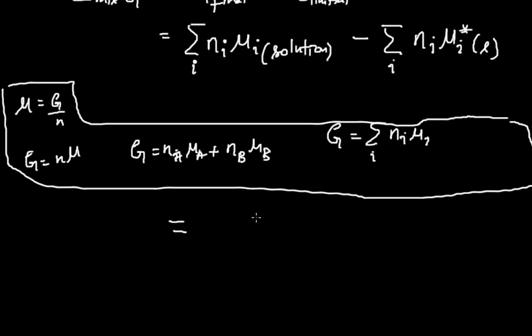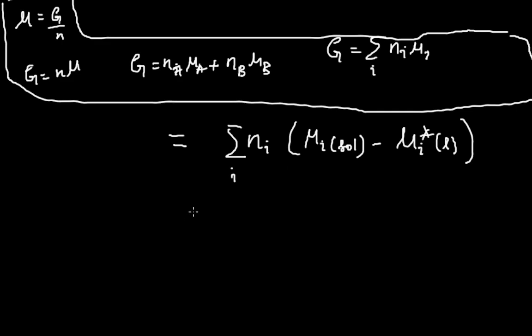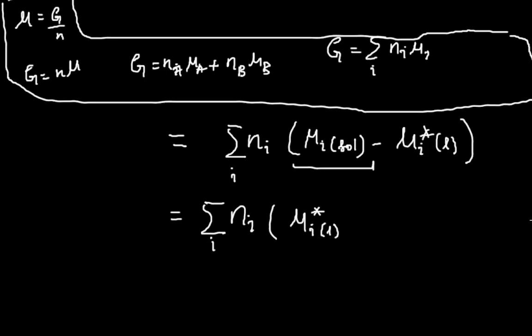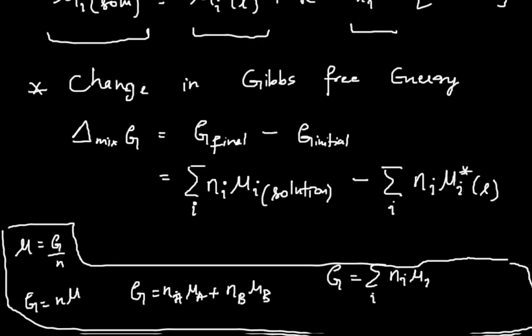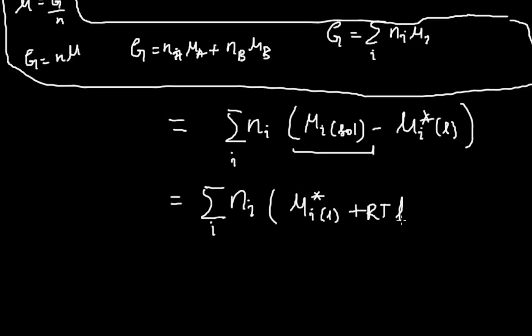So if I take the sum of Ni times mu i solution minus mu i star liquid, and make use of the previous result for mu i of solution, which is mu i star of liquid plus RT ln xi, then mu i star gets cancelled.